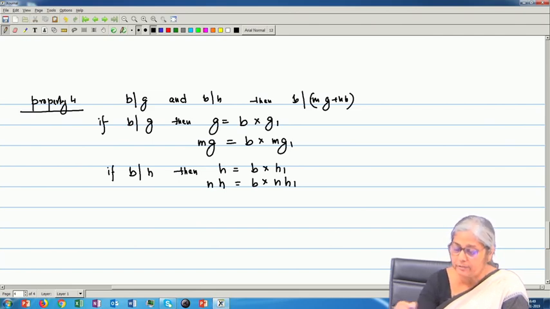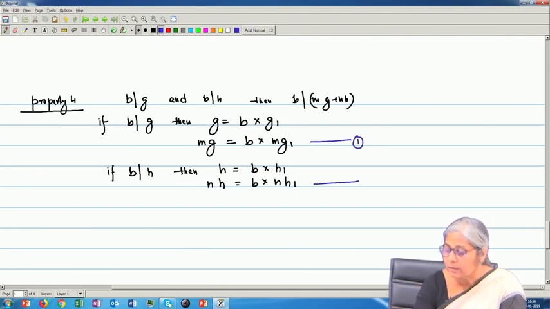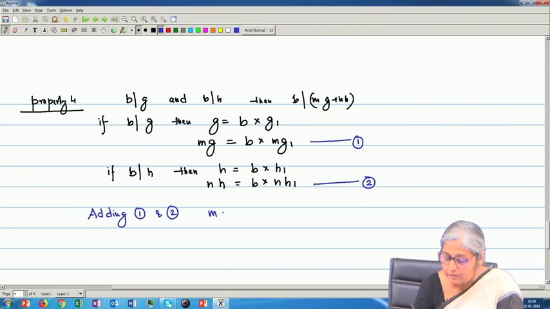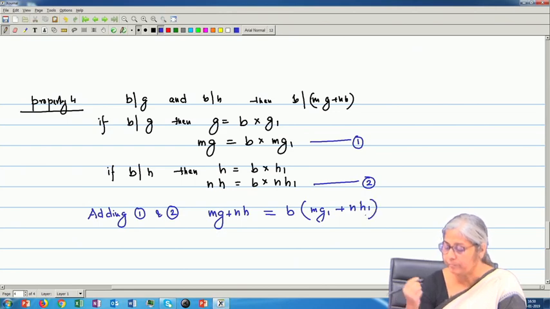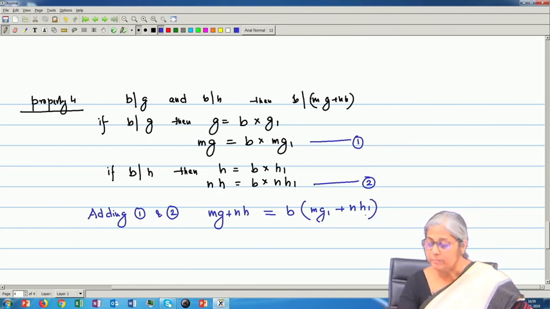So, now if I add these 1 and 2, we get m g plus n h equal to b into (m g 1 plus n h 1). So, m g 1 plus n h 1, this is one integer.